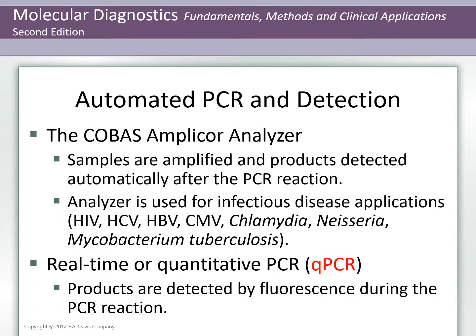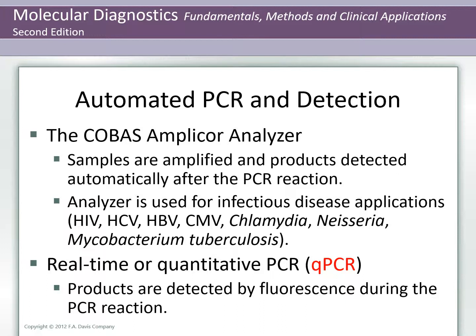Along with the adaptations of the original PCR method, automated methods have been developed as discussed a little earlier. The cobas Amplicon analyzer is another example of an automated instrument. Samples are amplified and products detected automatically after the PCR reaction.